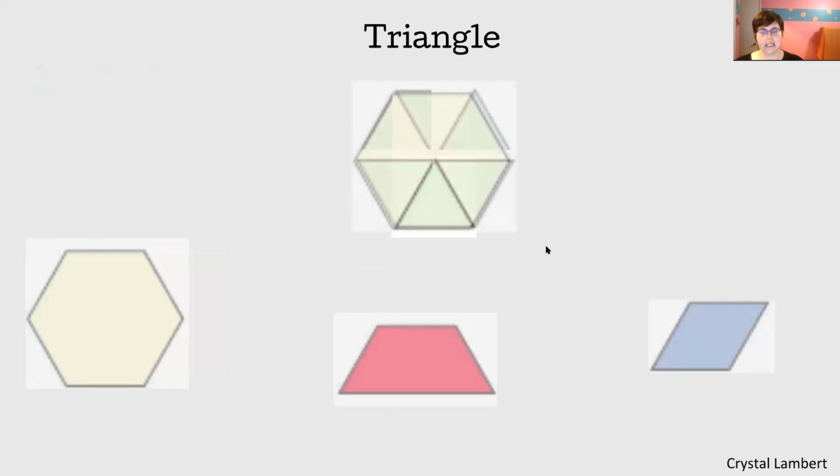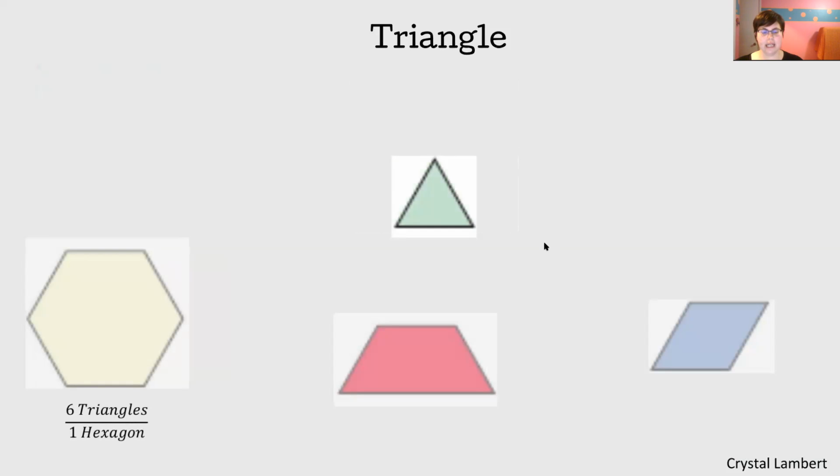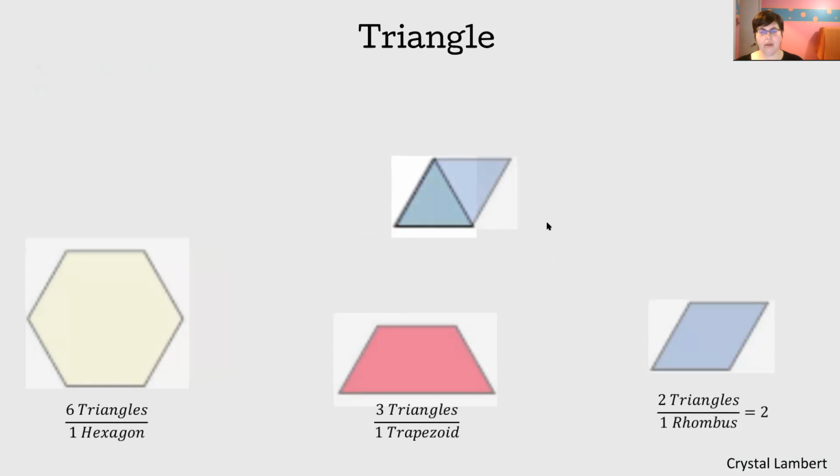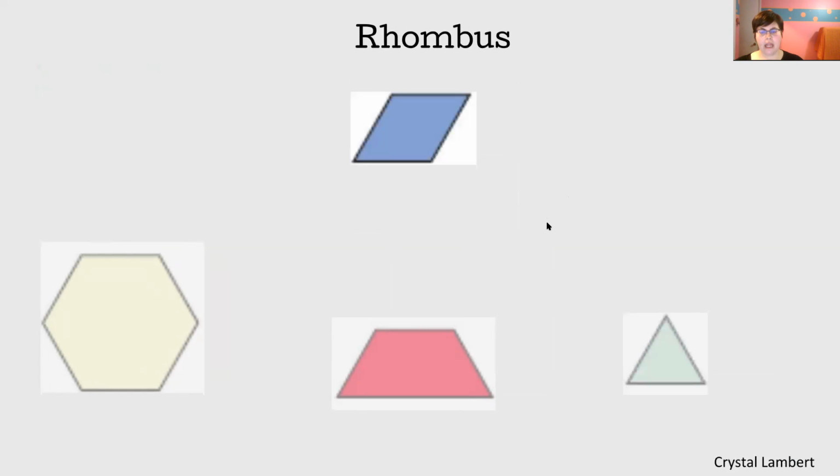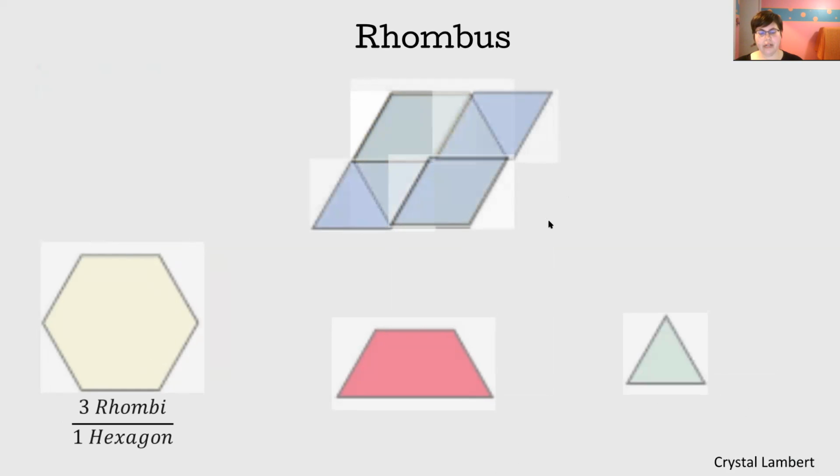And we can see here with the triangles, it took 6 triangles to equal 1 hexagon. For the trapezoid, as seen earlier, we need 3 triangles to equal a trapezoid and 2 triangles to equal 1 rhombus. And this is a repeat of the fractions we've already done.